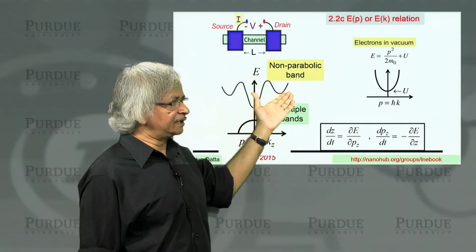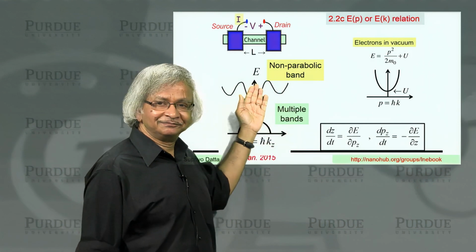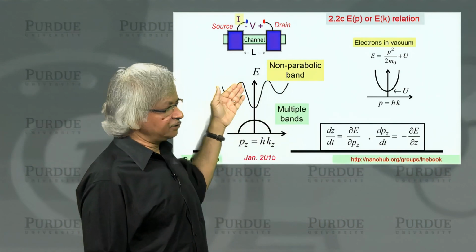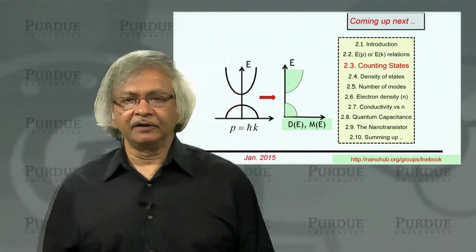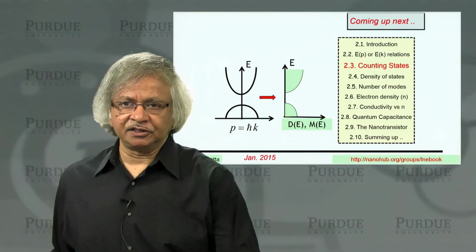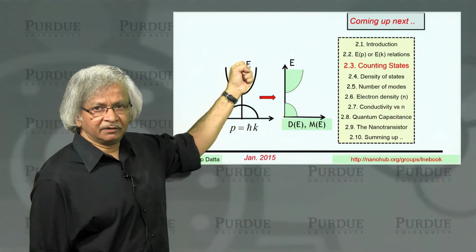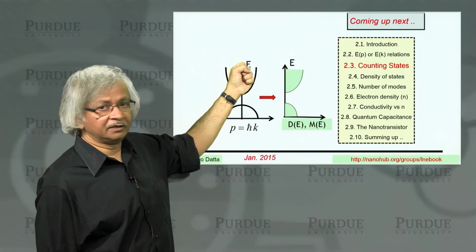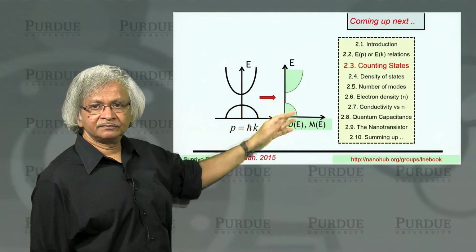One is that the shape can be quite strange, and the other is you could have multiple bands. Okay? So with that now, we are ready to move on to the next step. The next few lectures will be about how we get from a given energy momentum relation to density of states, number of modes.